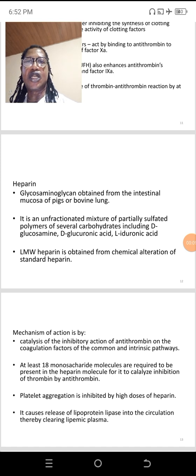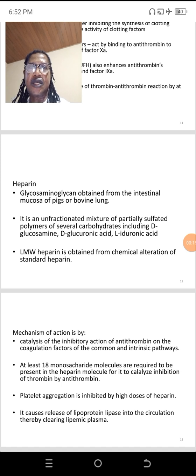It is a heterogeneous mixture of sulfated mucopolysaccharides and consists of polymers of several carbohydrates, which include D-glucosamine, D-glucuronic acid, and L-iduronic acid.